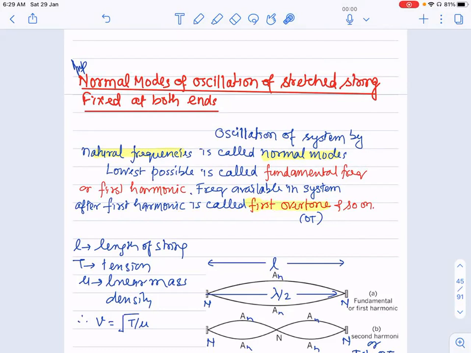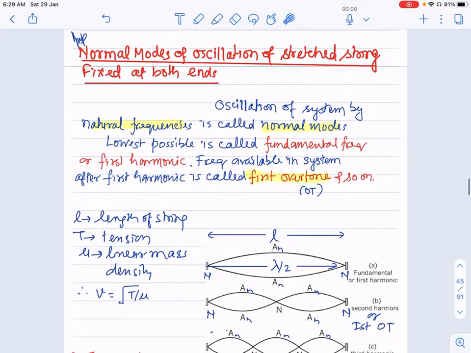Okay. So suppose we take the string and fix it at both ends, and here manually or with the help of an oscillator we oscillate it. At one particular frequency it will make a loop like this.